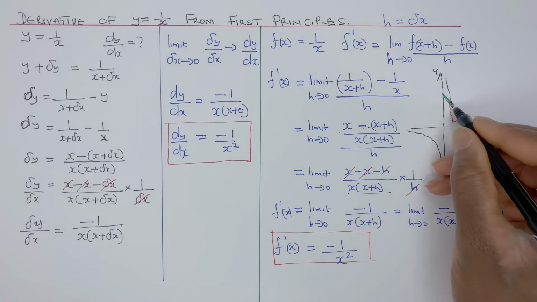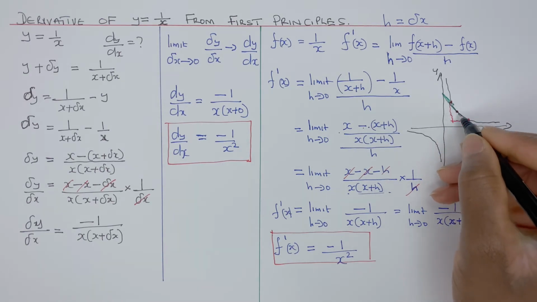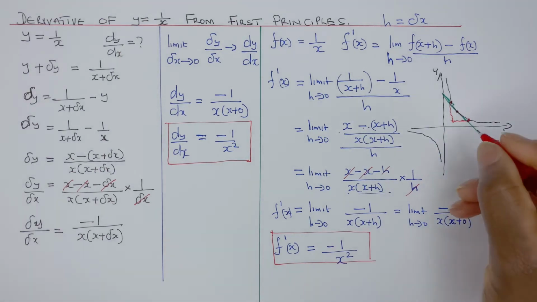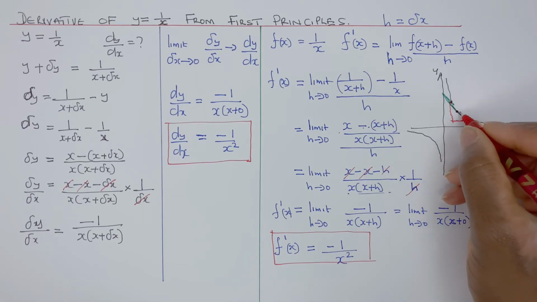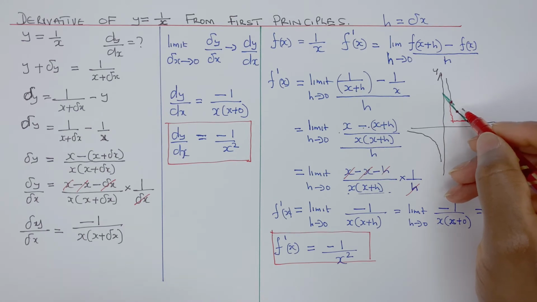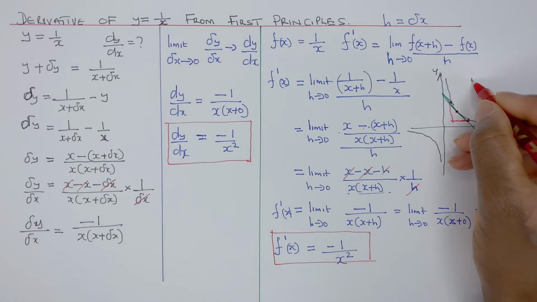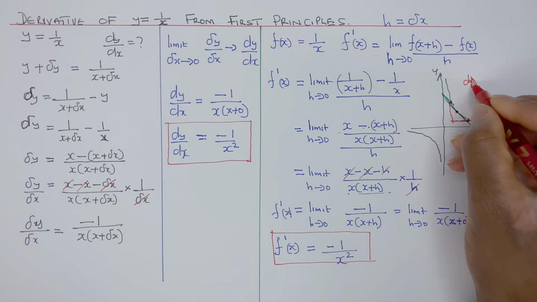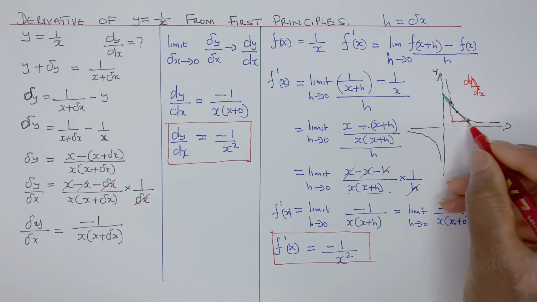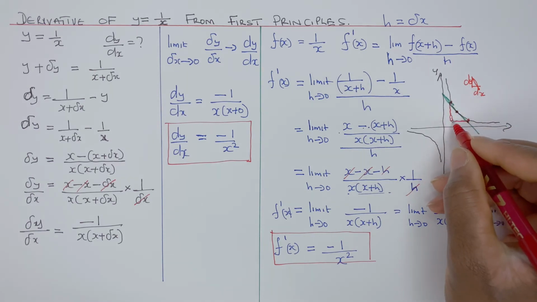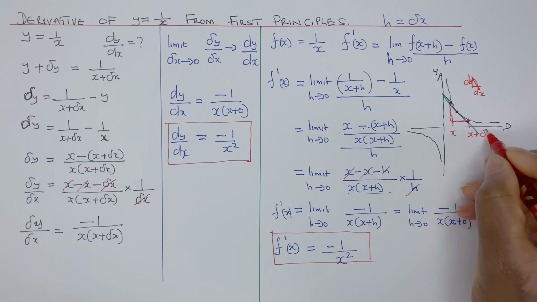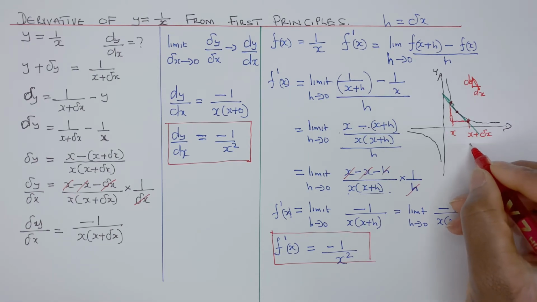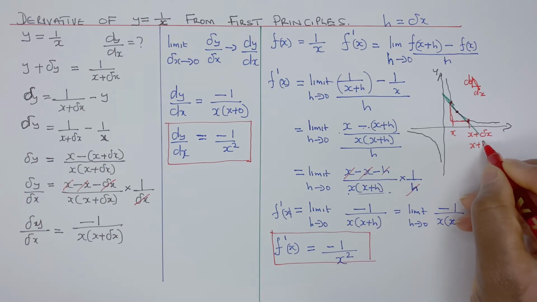So the limit is you bring that distance so small that it becomes a really tiny gradient here. Very tiny, that if you zoom into this gradient, this is what you're going to get. You get that and that and that. And this can be called dy over dx. But when you're using this, if that was x, that will be x plus delta x, or you might call it x plus h.